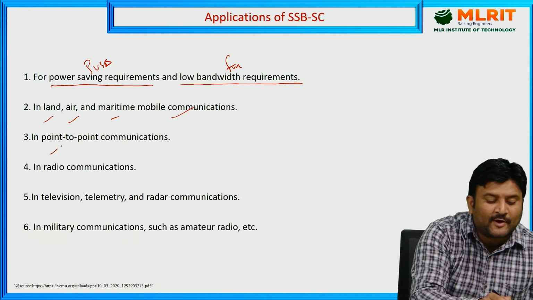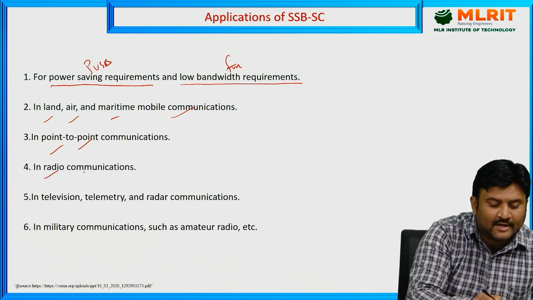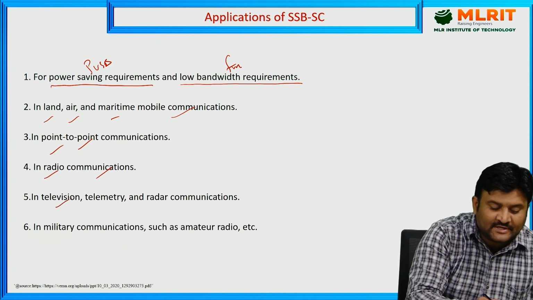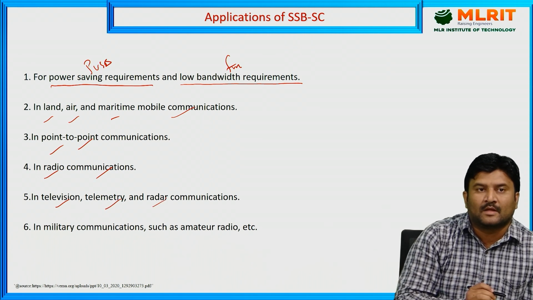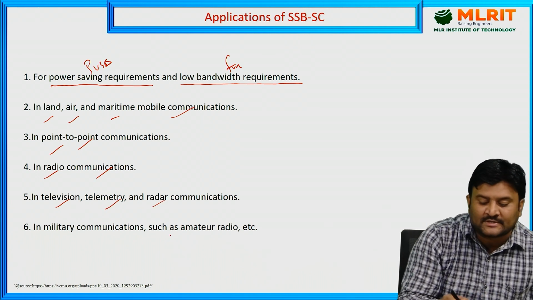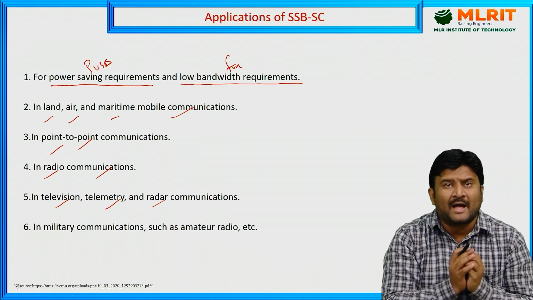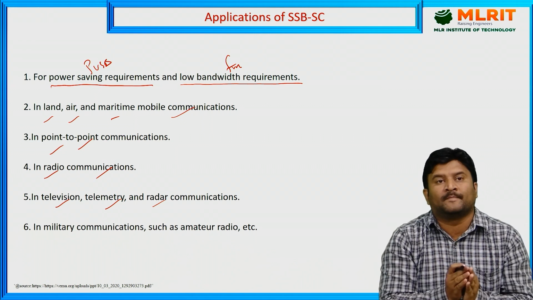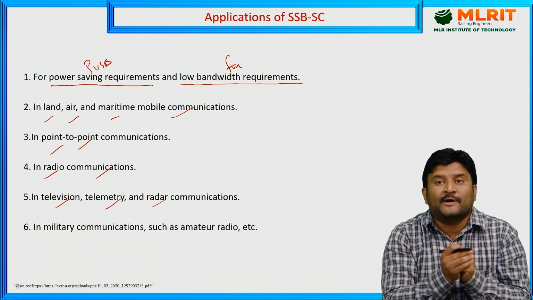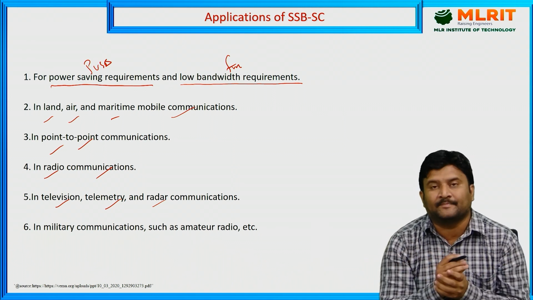And point-to-point communication, radio applications, radio communications, television, telemetry and radar communications, and military communication such as amateur radio systems. Overall, observe that these applications are mostly useful in point-to-point communication, transmitting the information from one point to another point.